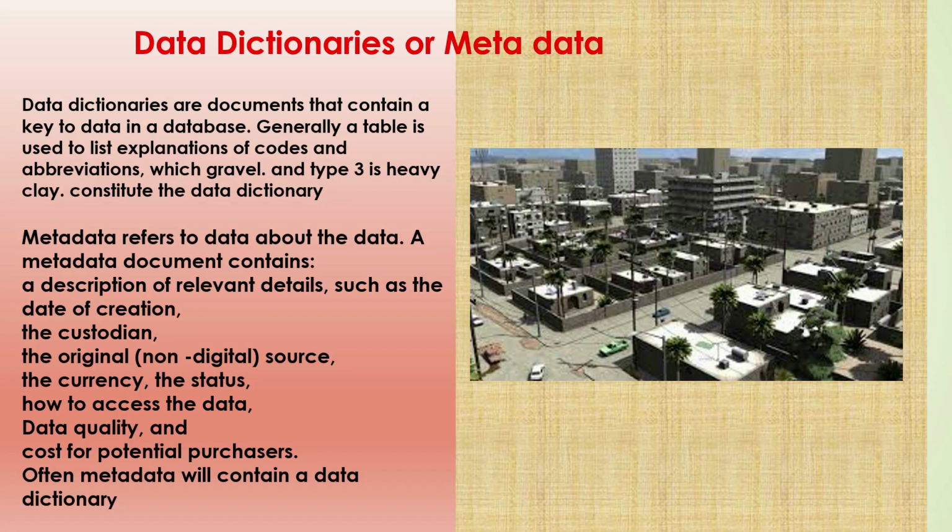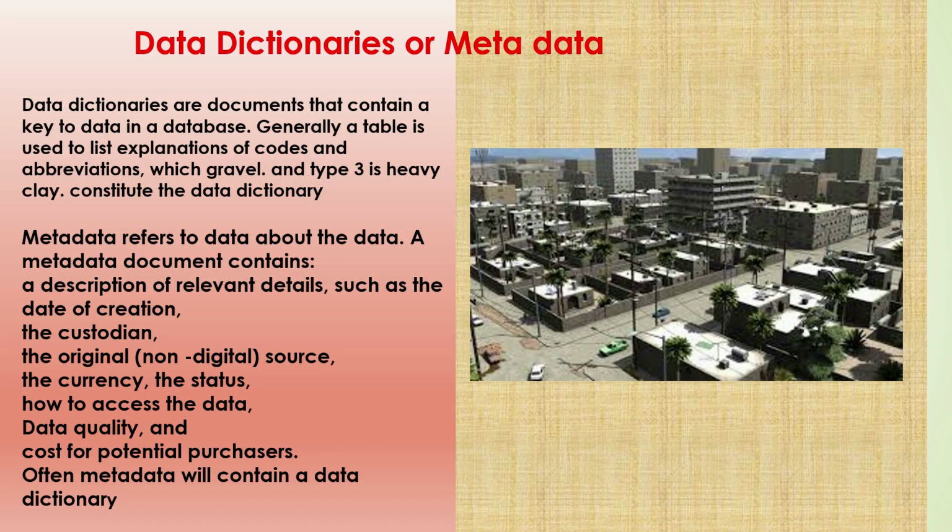So the source of the data, the currency, how current the data is, the status of the data, and then you can put a disclaimer on the data if you cannot use the boundaries of the data for a legal proceeding. You can also provide such a disclaimer on the data.